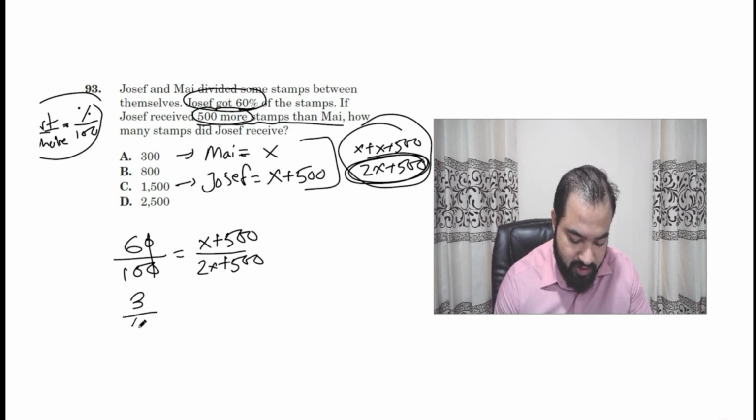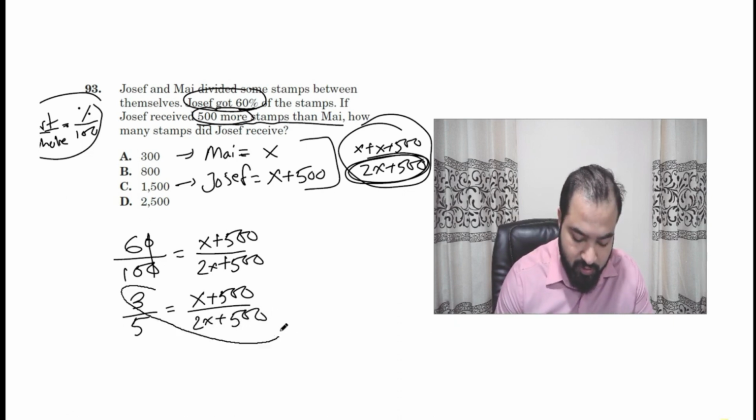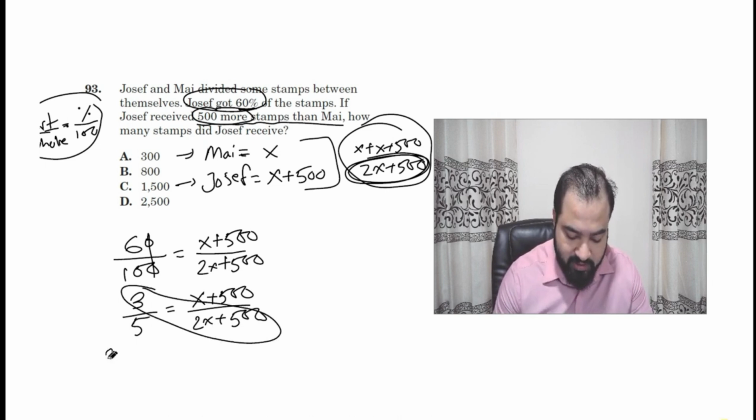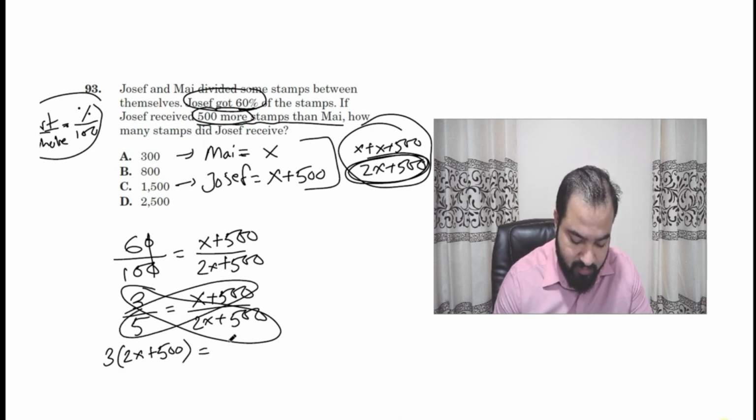So 3/5 is equal to X plus 500 over 2X plus 500. Since it is a proportion, we can do cross multiplication. So 3 times 2X plus 500 is equal to 5 times X plus 500.